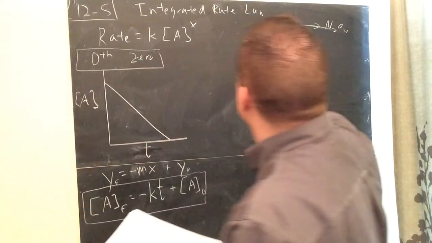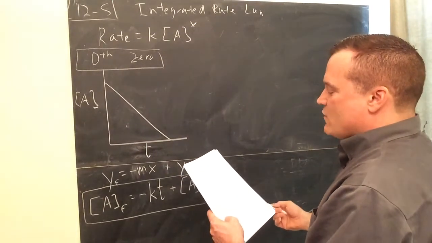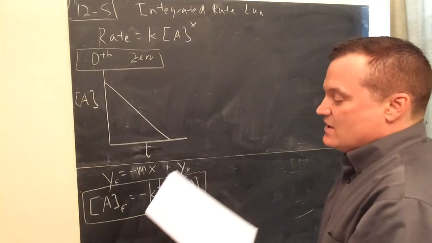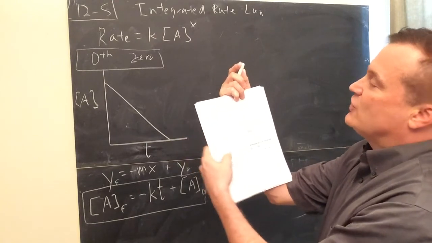And let me take this away because I started giving you that example, and that is certainly not a zero order one. But anyway, for zero order, you just put concentration versus time, you see it. But when you get a first or second order reaction, you only get curves.